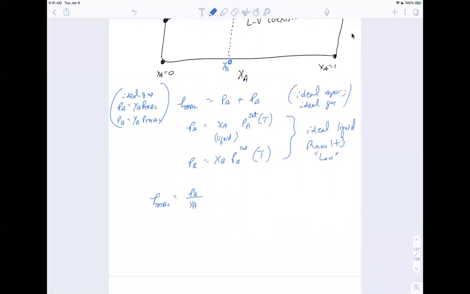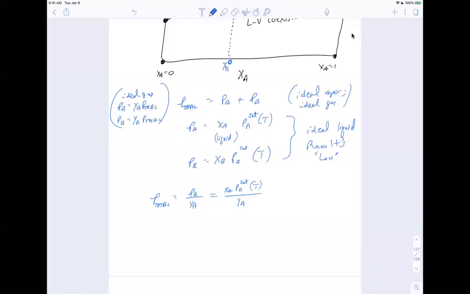That we know from a long, long time ago. So P total is equal to PA over YA. But we can now pick what expression we want to use for PA, the partial pressure of A. So actually, let's start with X sub A, our Raoult's law expression, PA sat over Y sub A.